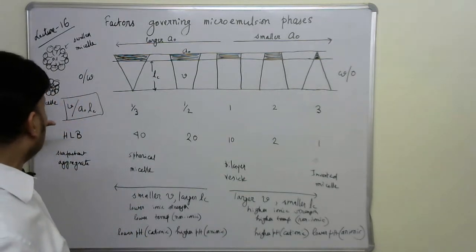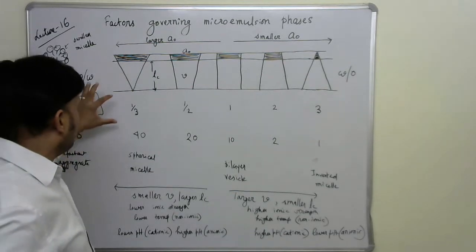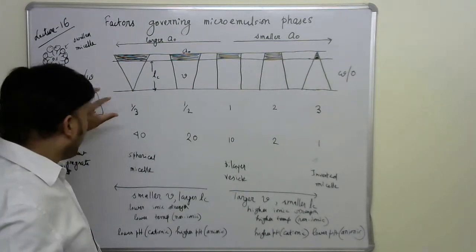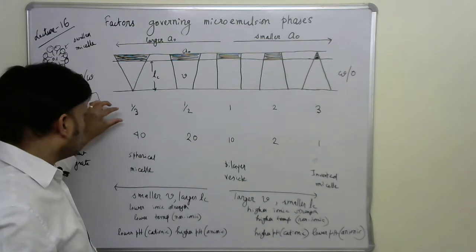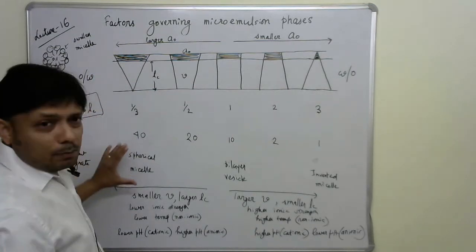Now, if this critical packing parameter becomes smaller, that means a fraction like 1/3 or so, it is expected to form spherical micelles.